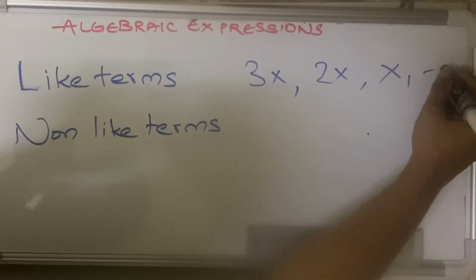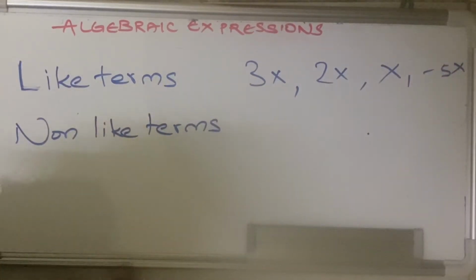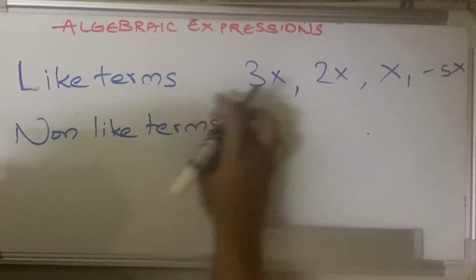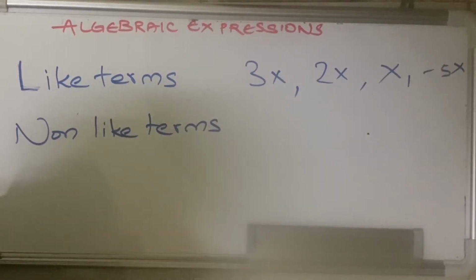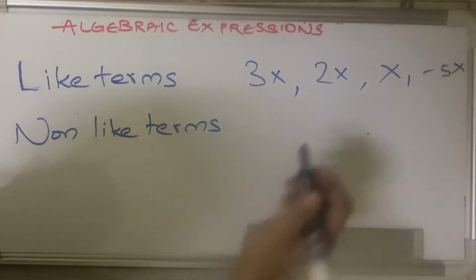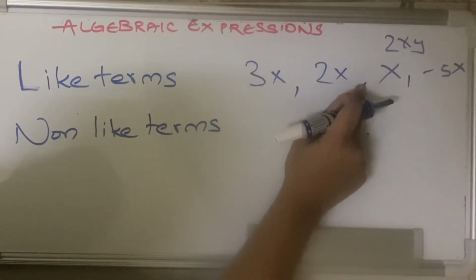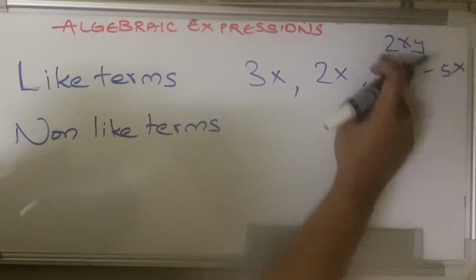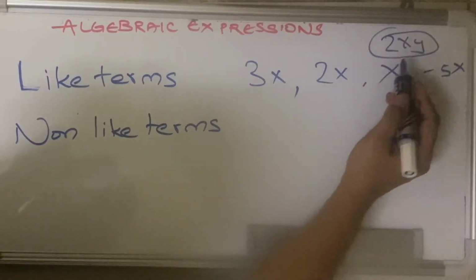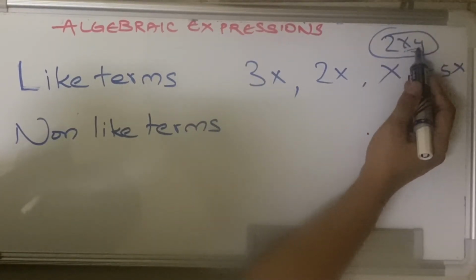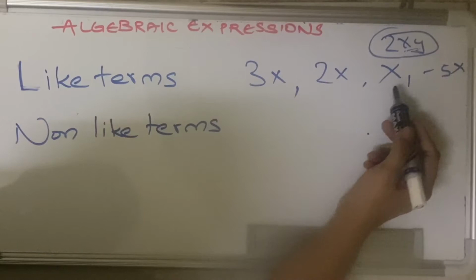If you have minus 5x, that is also a like term of x, because in all these examples you have the same variable x. Understood? Whereas if you have 2xy, it is not a like term of these examples, because this particular term contains two variables, xy. It is not the same as the variables given here.